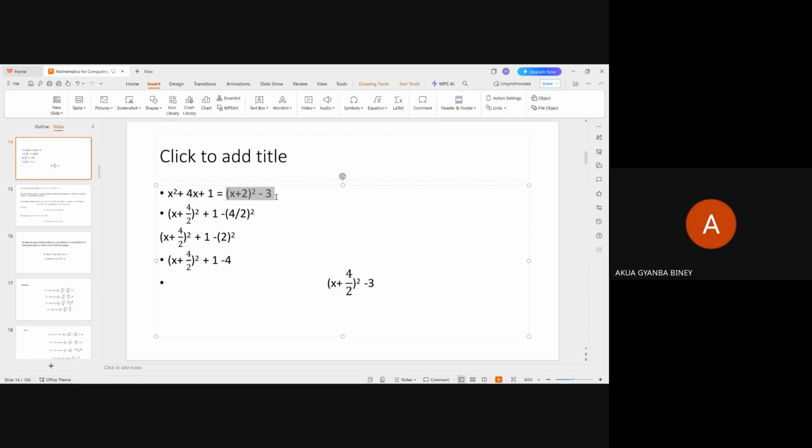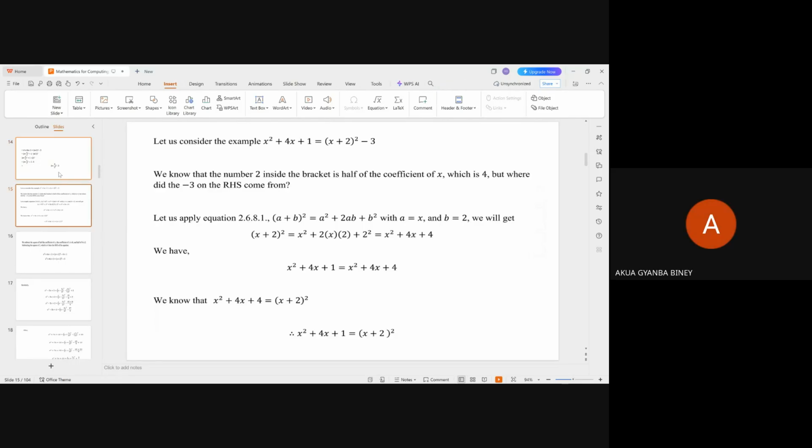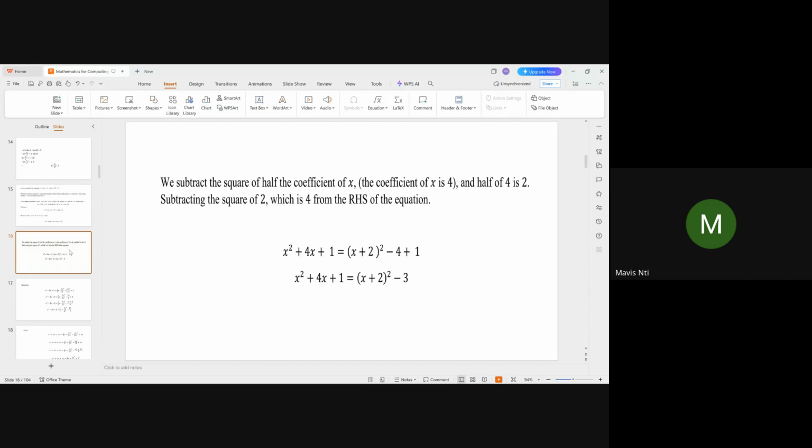Please, are you clear? Yes, madam, but that will be different from the first one we had. Initially, we had plus 3, and we are getting minus 3 here. This equation is where we are coming from. It was x squared plus 4x plus 1 is equal to bracket open x plus 2 bracket close all squared plus 3.